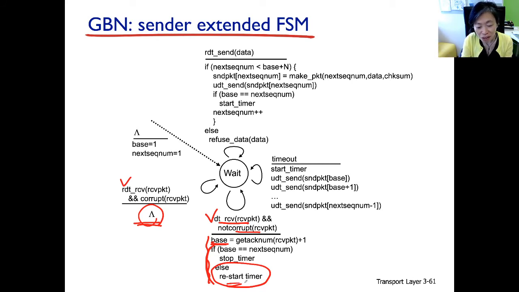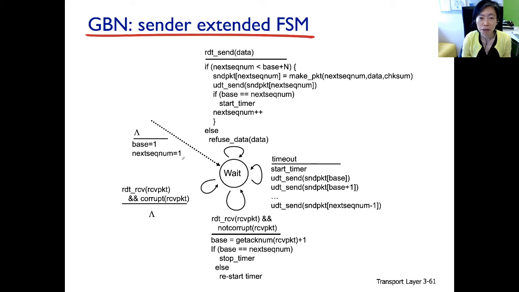We'll be restarting the timer, meaning the first time that base is receiving an ACK for all the packets before the base, the timer for that base has already been started. And now we're reassigning the base to the same value and restarting the timer. That means we're extending the timer interval for that base. How do you like that? Think about it.